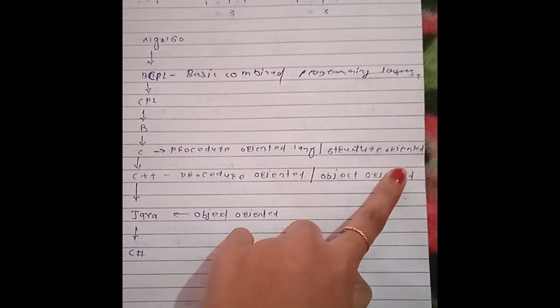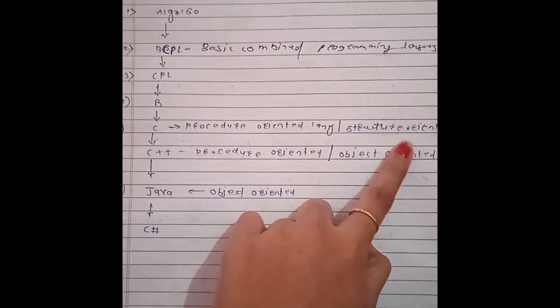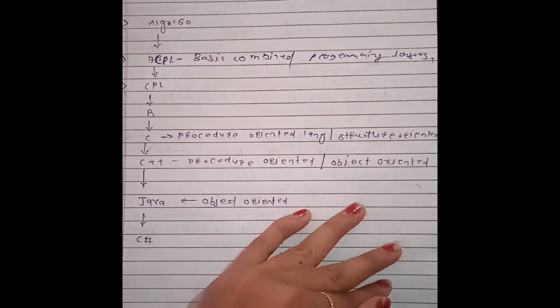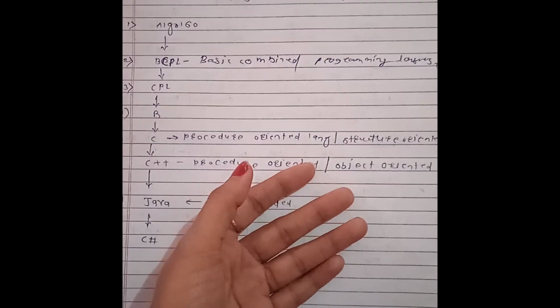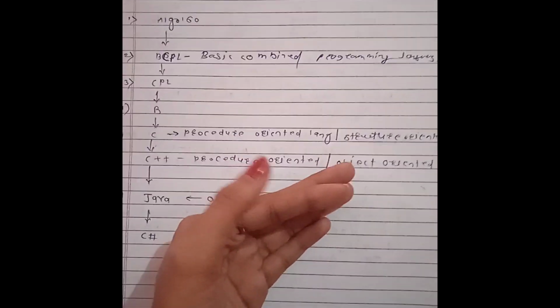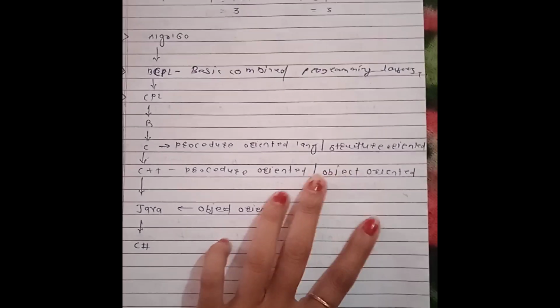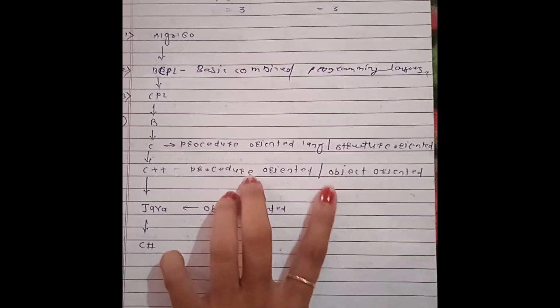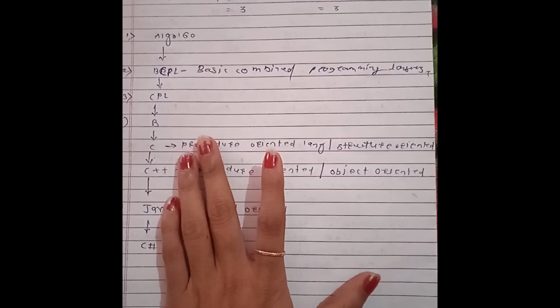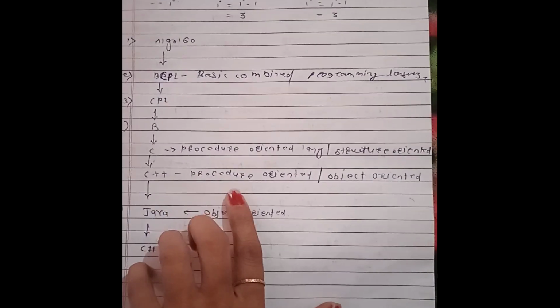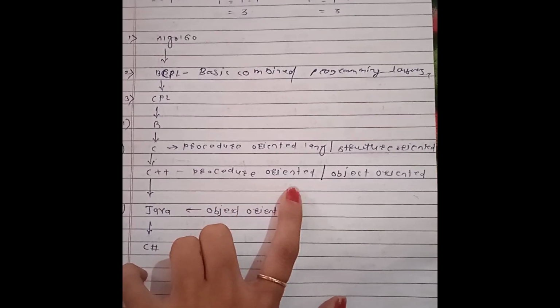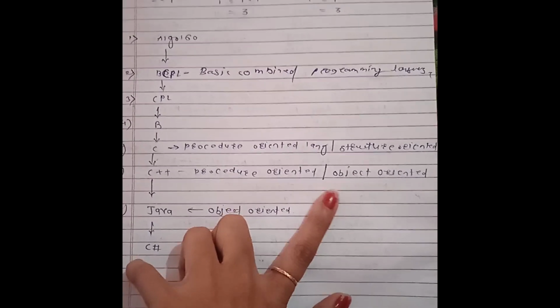Structure oriented language means we cannot define the main function below and the other things above it. It is not valid in the C language. It has a fixed syntax and we can follow it. Then C++ was developed, which is an object oriented language.